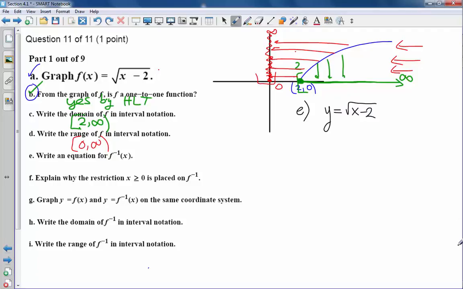Second, interchange x and y. We make all y's x, all x's y. You see the change? This became x, this became y. Everything else is the same now. That's step 2. Step 3, what is step 3? Solve for y.